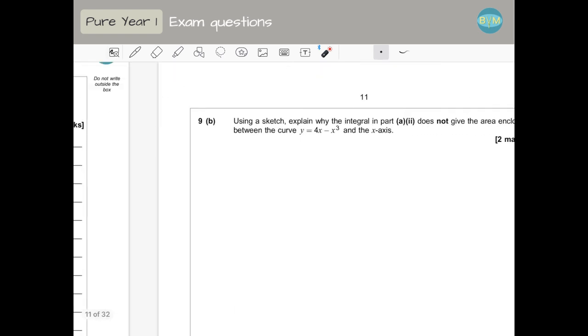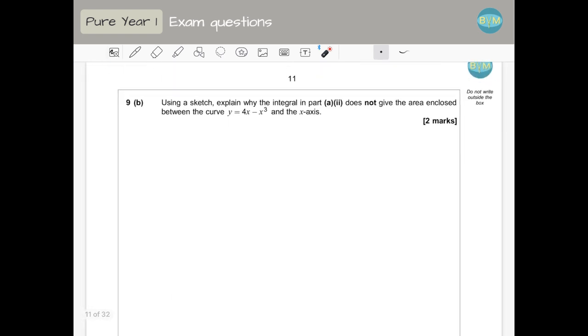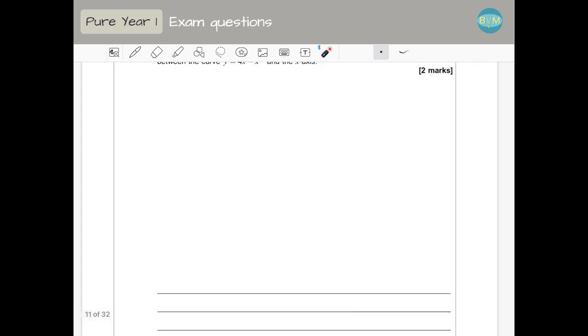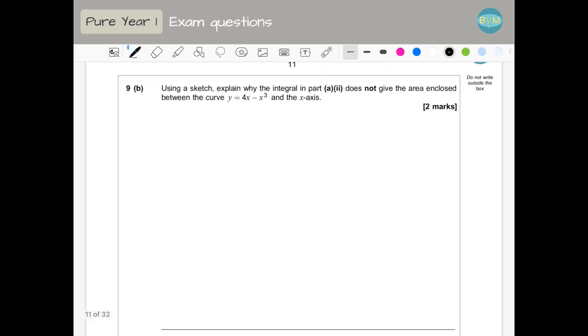Next, they say using a sketch, explain why the integral that we just did does not give the area enclosed between the curve and the x-axis. So we are going to represent in this space that cubic. To represent it, I'm going to factorize it.